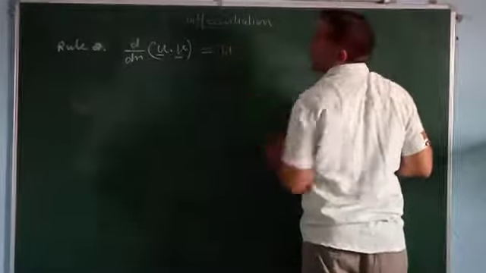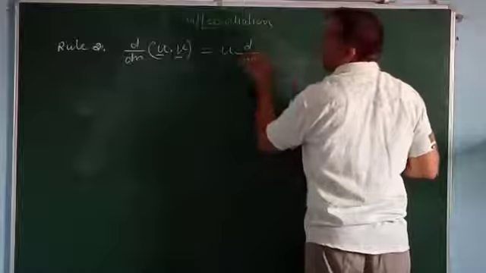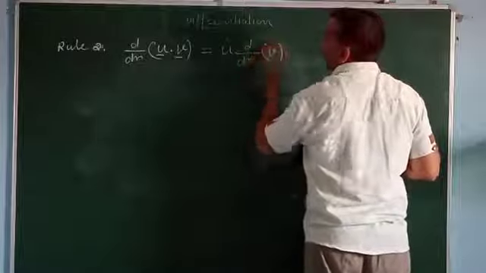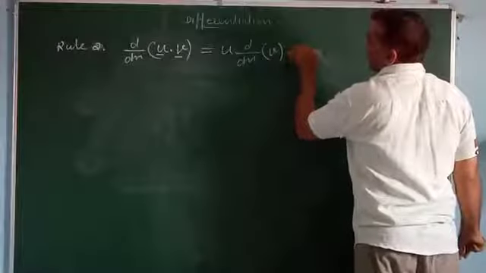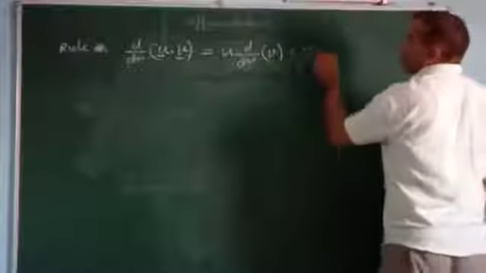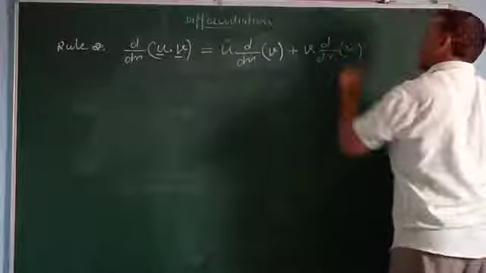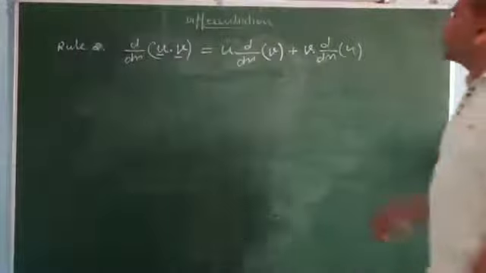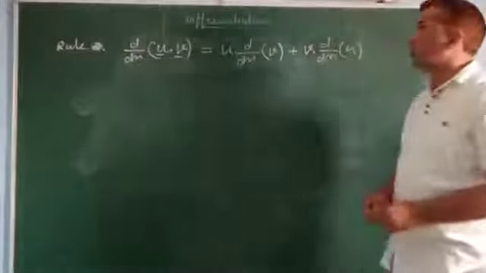So you write the first function as it is into the derivative of the second function, that is v, plus the second function as it is into the derivative of the first function, that is u. This is called the product rule. Students, this is called the product rule.